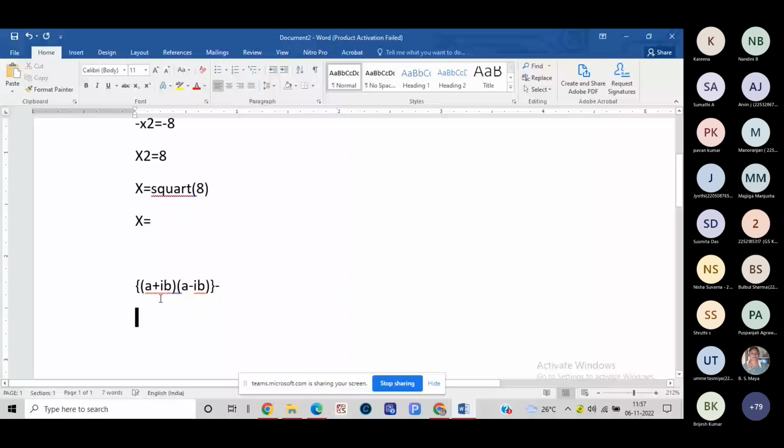This formula will become A square plus I B square, with I square automatically taken as minus 1, so what is the solution? A square plus B square. If you don't know this formula, what is the method?